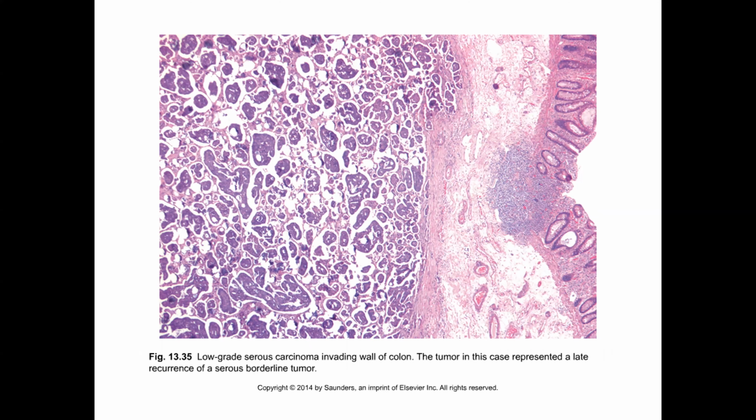Here's an example of a higher stage tumor that's invaded through the muscularis of the colon. You see the typical papillary structures, and here it's bulging up into the muscularis, into the submucosa of this tumor.